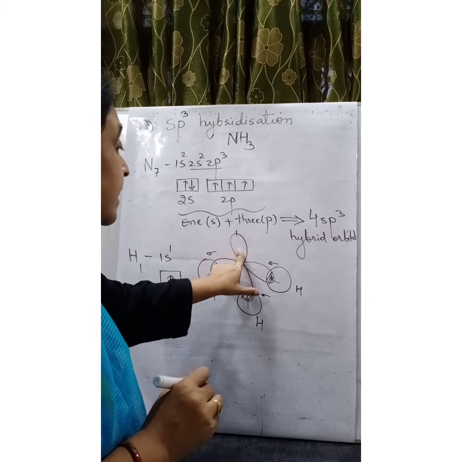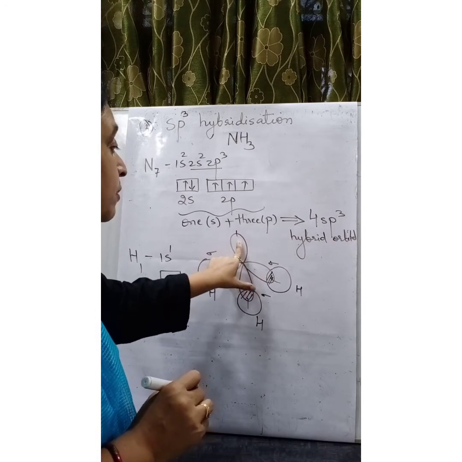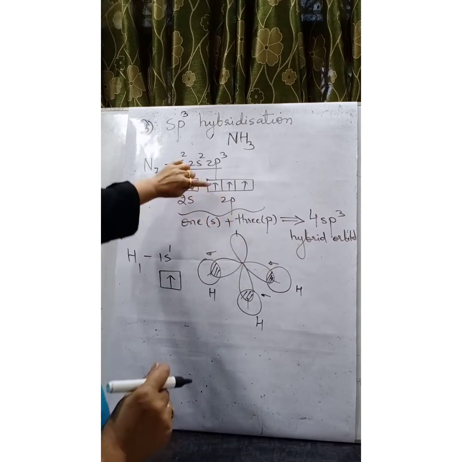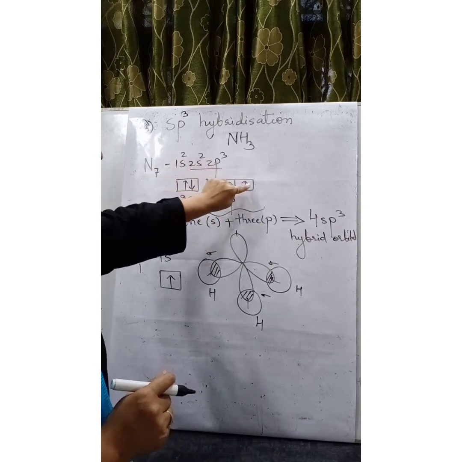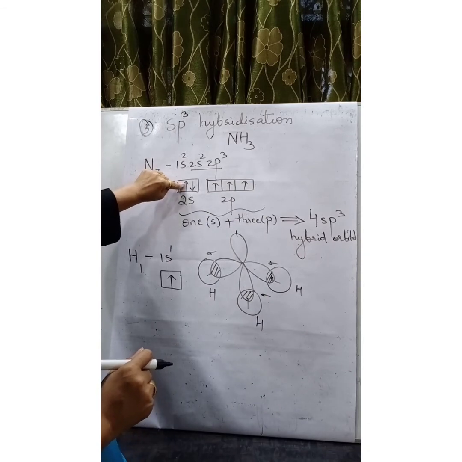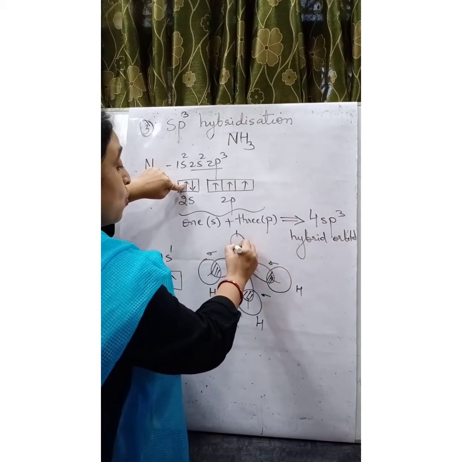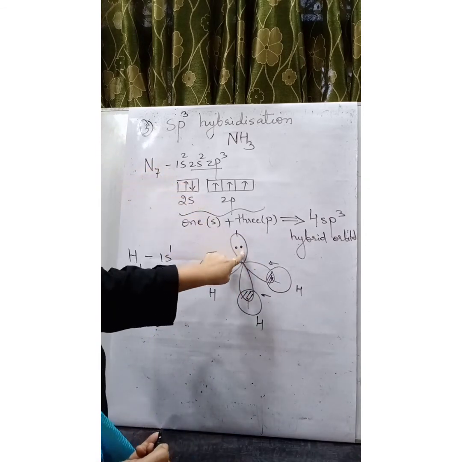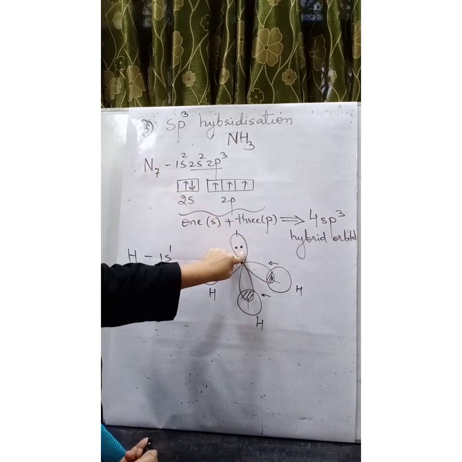Now the 1 sp3 hybrid orbital which is present here is occupied. So 1, 2, 3 are bonded with hydrogen, and here you can see there is a lone pair. So one of the sp3 hybrid orbitals is occupied by the lone pair.